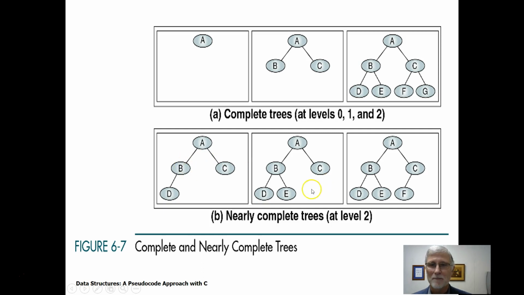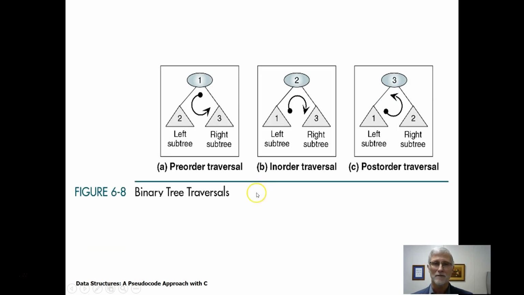So in this case, my lowest level is 0, 1, level 2. I don't have component C. Node C does not have any children, so it is nearly complete. Get down here, it's boom, boom, boom, and node is still not complete because I don't have that right node underneath that. So it's a nearly complete tree.